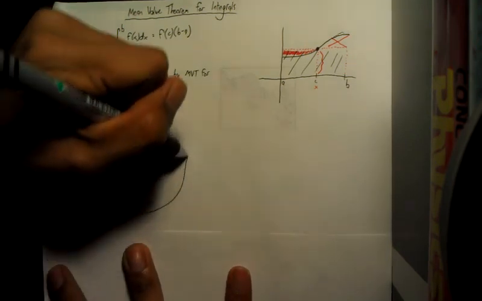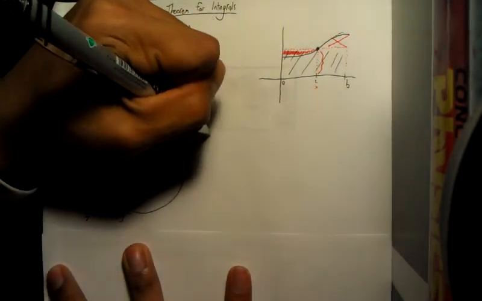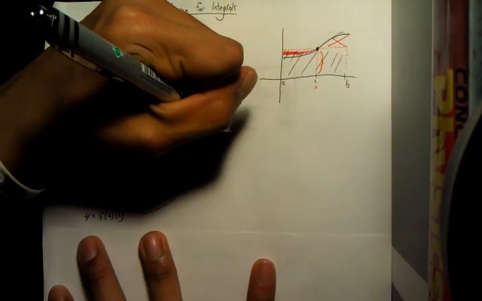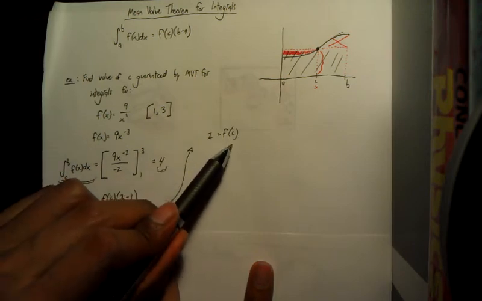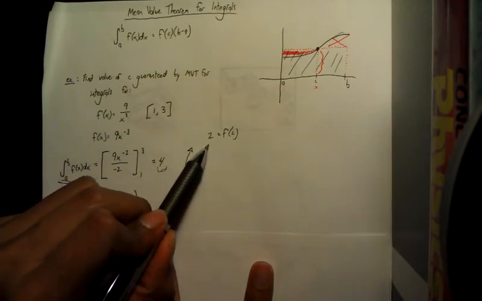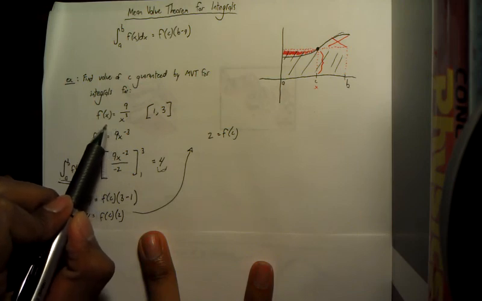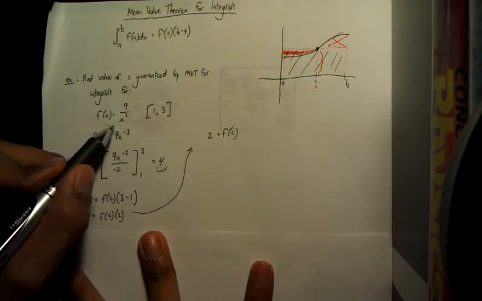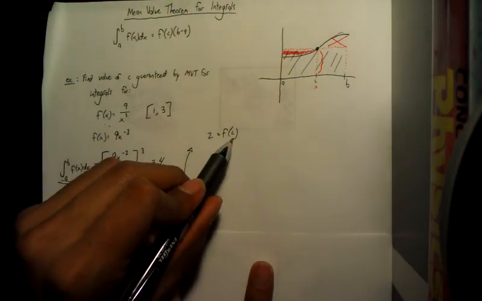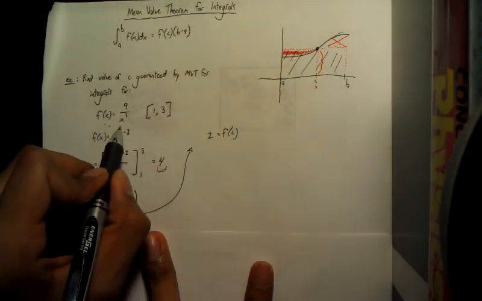If you divide by 2 on both sides, you get 2 equals f of c. Now, in order to find out what c is, we're going to plug this in for right here, because essentially, c is just an x value.